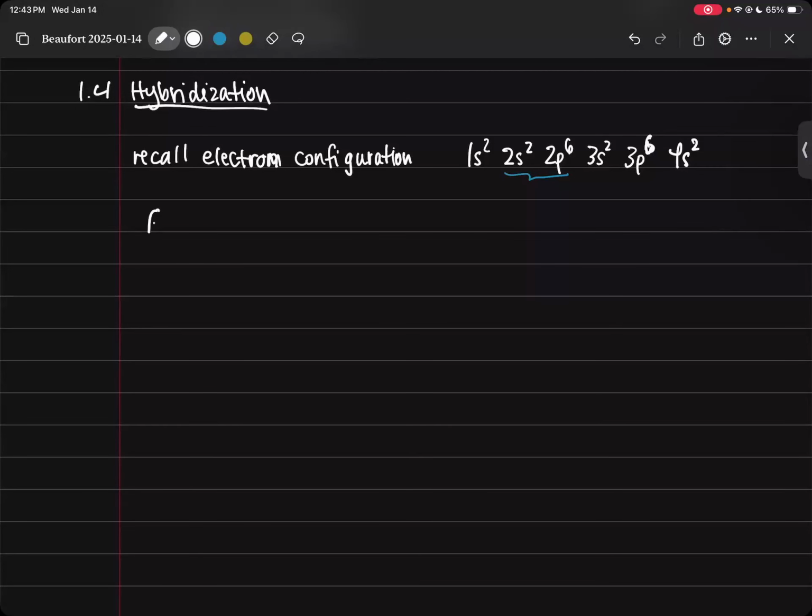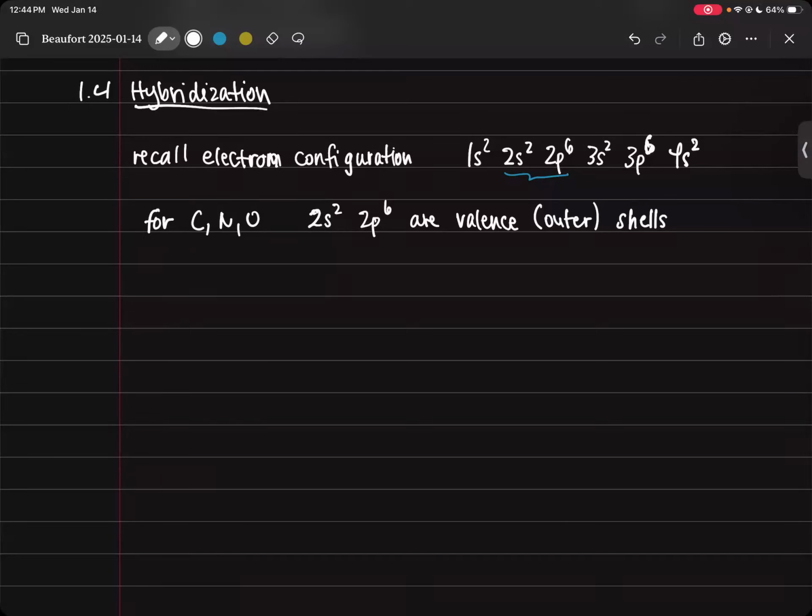So for our elements, and when I say our elements, I mean the ones that are really relevant to organic chemistry, like carbon, nitrogen, and oxygen, 2s2 and 2p6 are the valence orbitals. Those are the outer shells that are the furthest away from the nucleus, so those are the ones where chemical reactions take place.